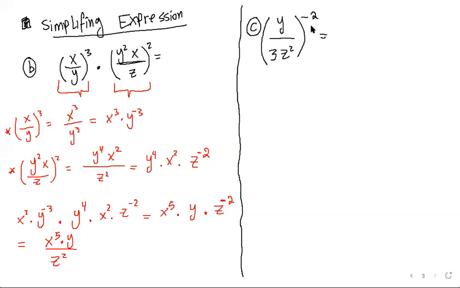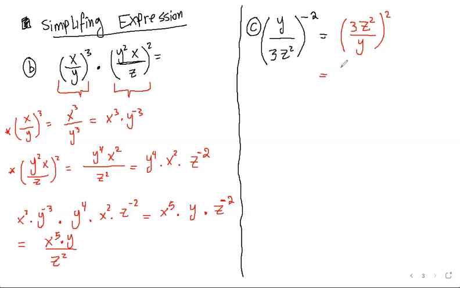Doesn't it equal 3z squared over y, in parentheses? Yeah, you flip everything. Exactly. So 3z squared over y, in parentheses, to the power 2. Exactly. Then what does that equal?